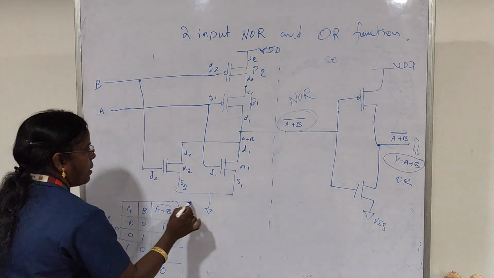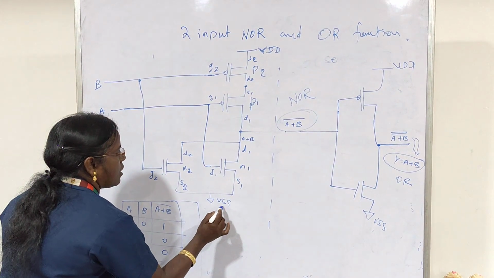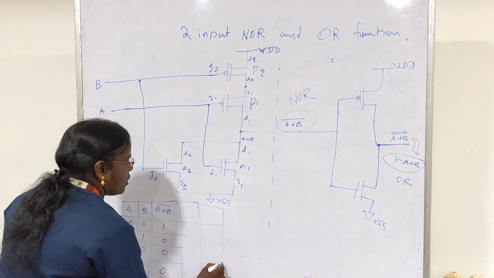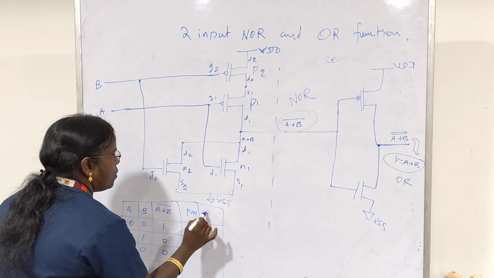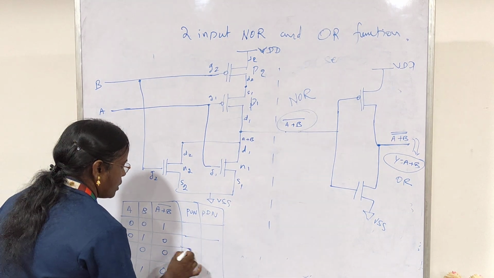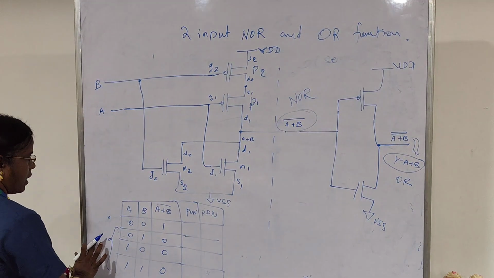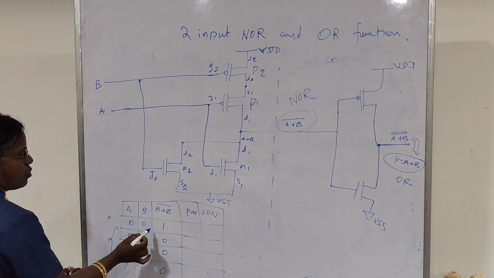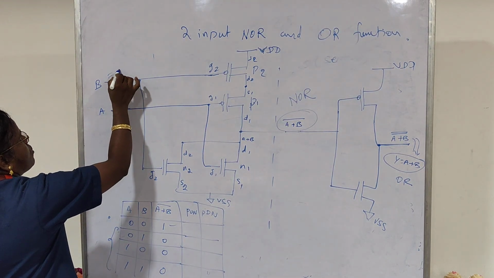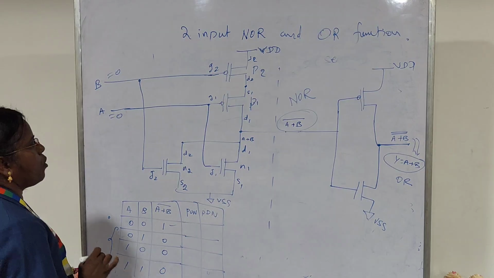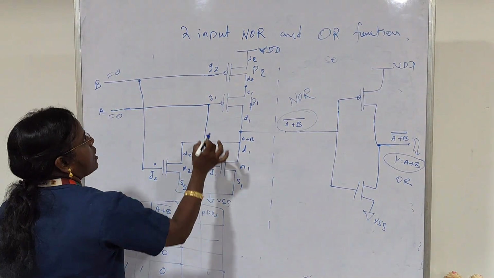How can it be implemented using the pull down and the pull up network? Just look at this diagram. Here we have the pull up network, and this is the pull down network. Apply the logic; here we can apply 0 0. If you take 0 0, the output logic will become 1. B is 0, A is 0, so the gate of all the transistors will become 0.